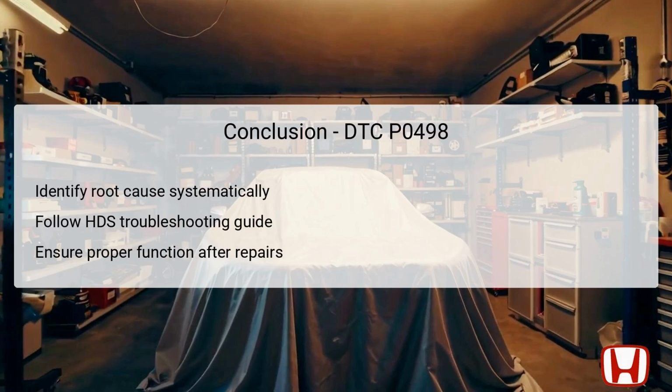In conclusion, addressing DTC P0498 involves a systematic approach to identify the root cause of the low voltage in the EVAP canister vent shut valve circuit. It is essential to follow the troubleshooting guide as laid out by the HDS meticulously, as this will help ensure that no steps are overlooked.